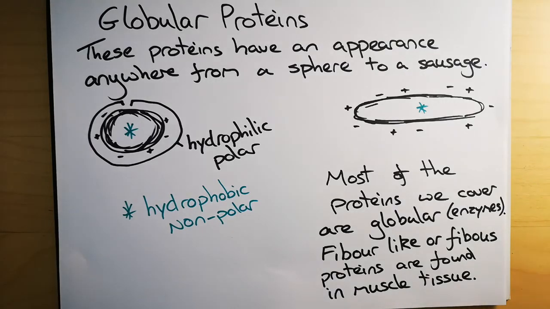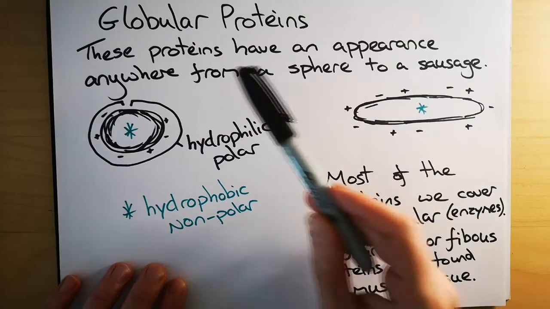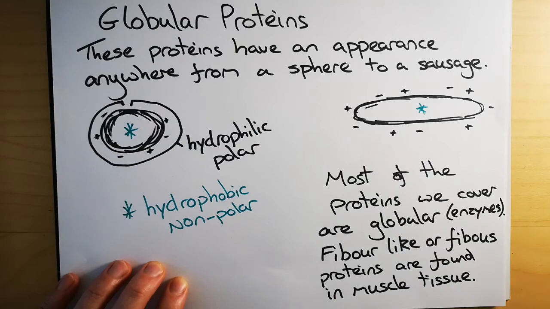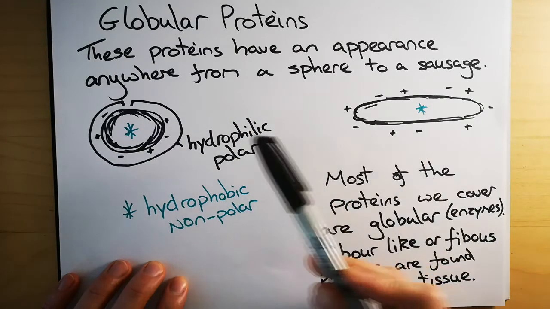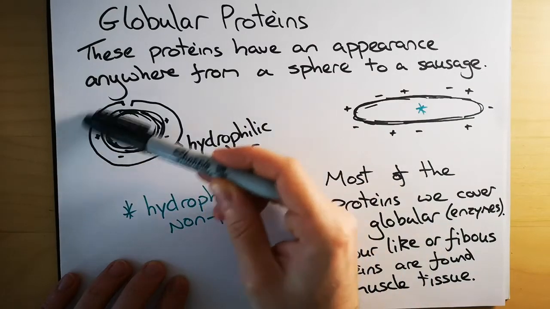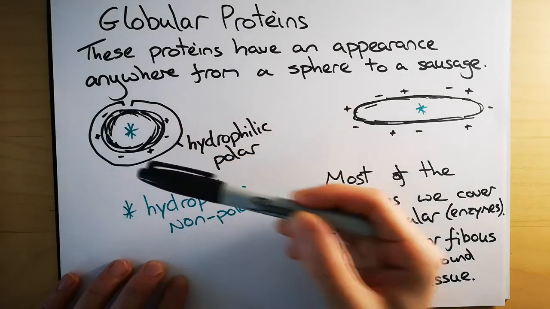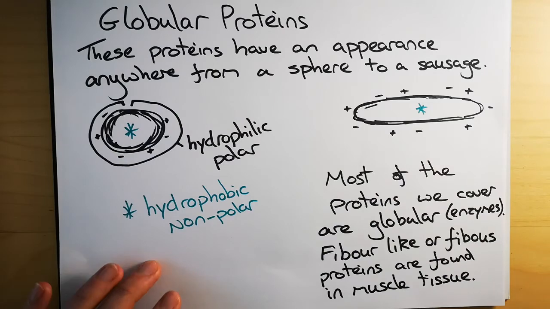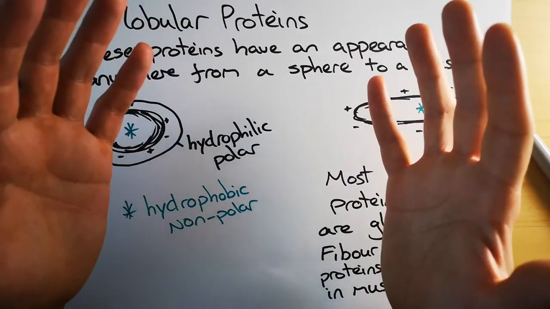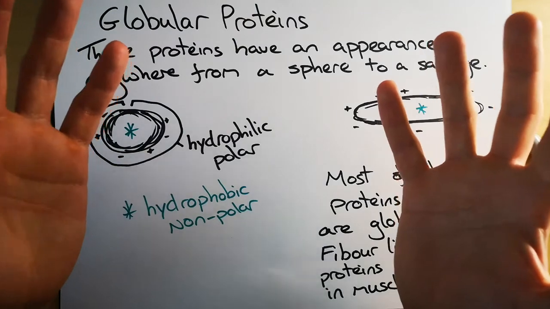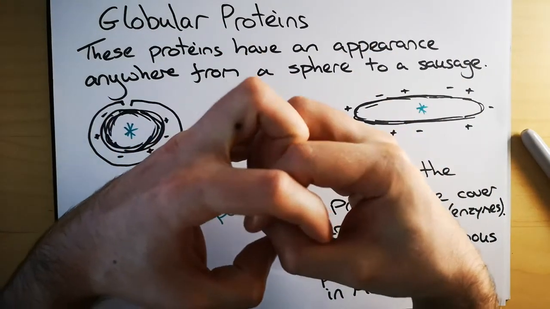Now, a huge part of the reason that they form the shape they do, and we've covered this hopefully to the point where you can see what's happening, is that on the outside of the protein we're going to have water molecules, and those water molecules are polar. So the hydrophilic sections, the sections of the protein that have a charge, will face outwards towards those water molecules, and the hydrophobic non-polar sections will all cluster in.